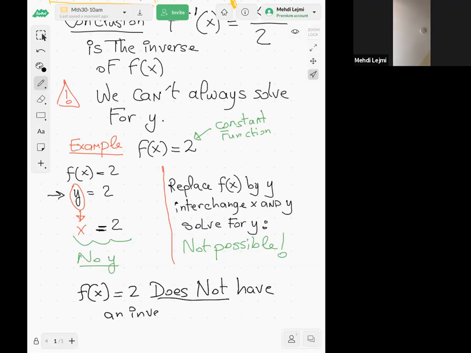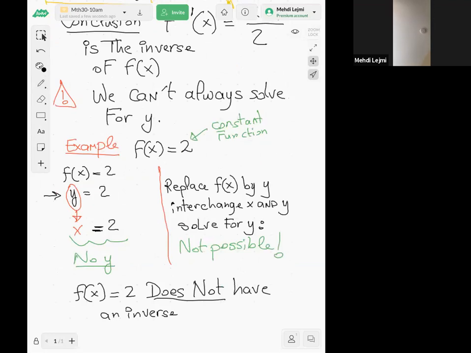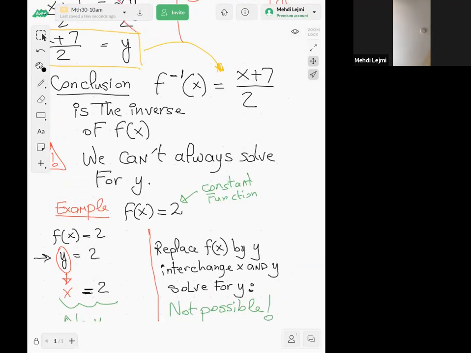Sometimes there's a problem with the last step, when you solve for y. So some functions do not have an inverse. Those are the steps if you want to find the inverse of a function f.